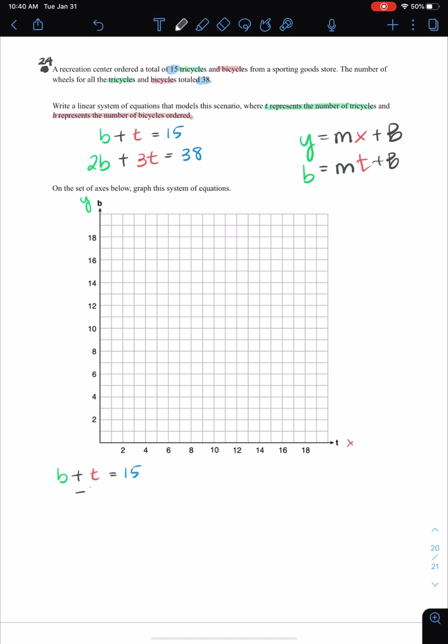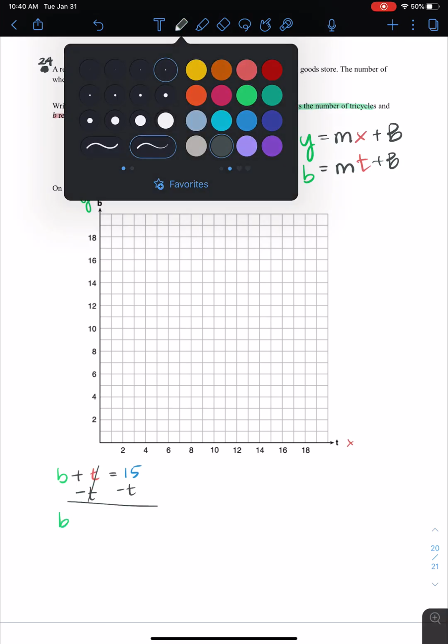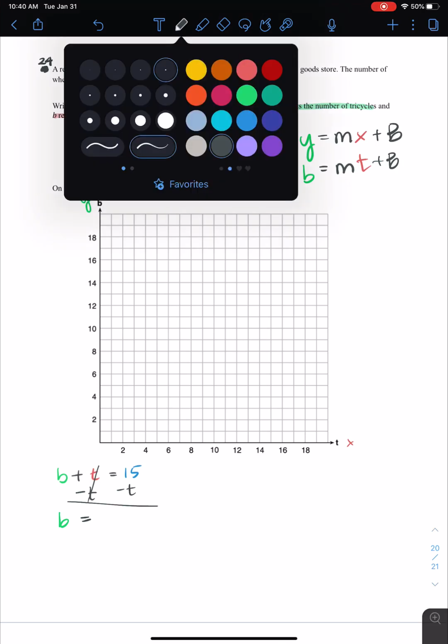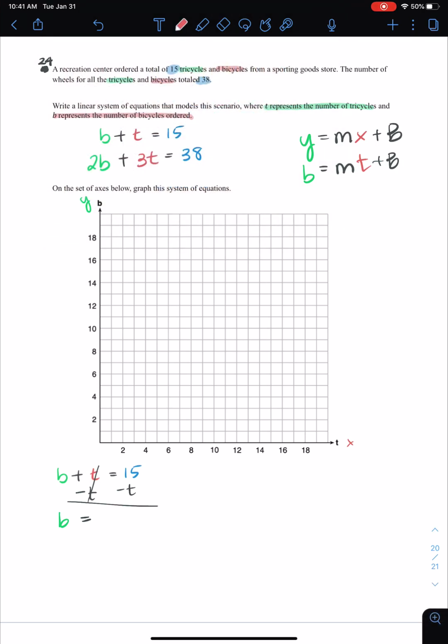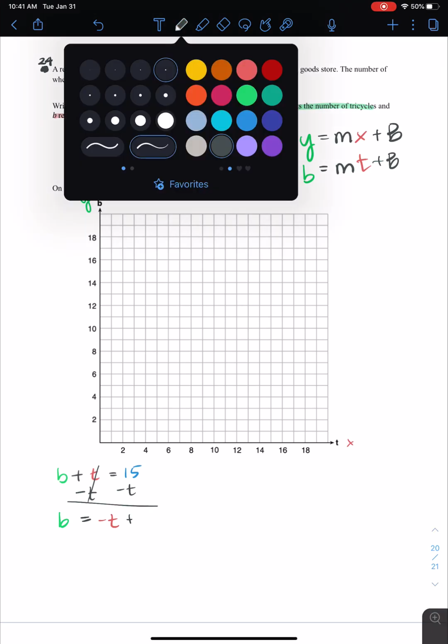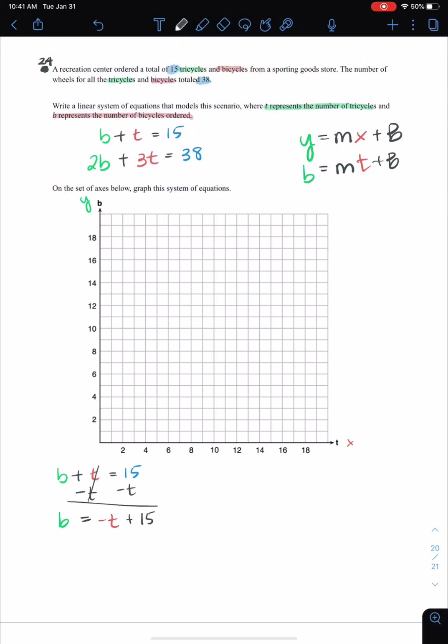So we're going to want to subtract t from both sides, and these will cancel out. So we're left with b is equal to negative t plus 15.